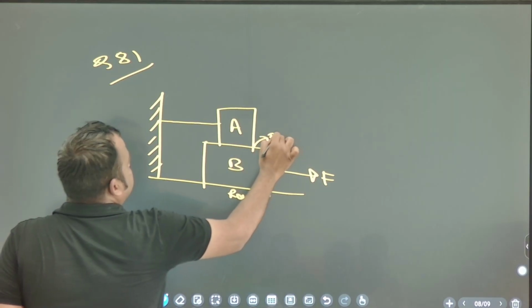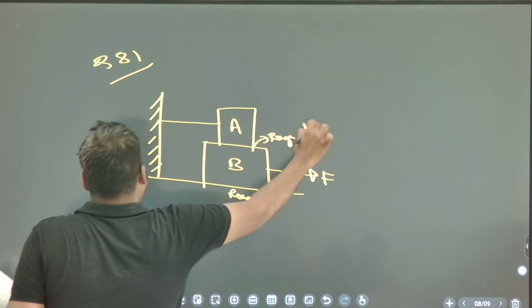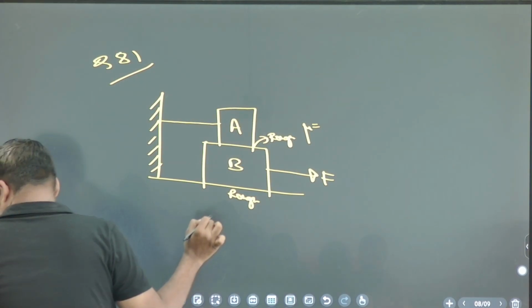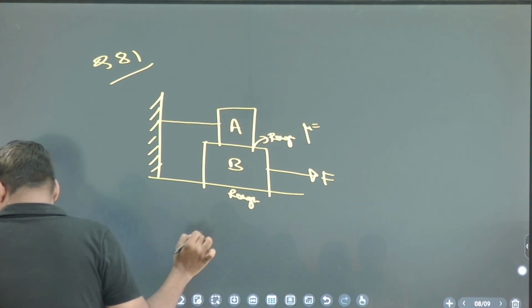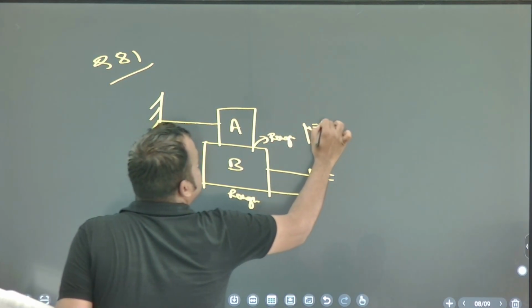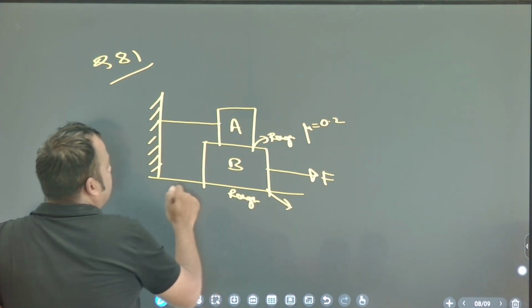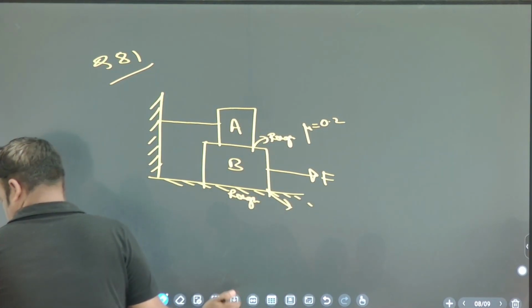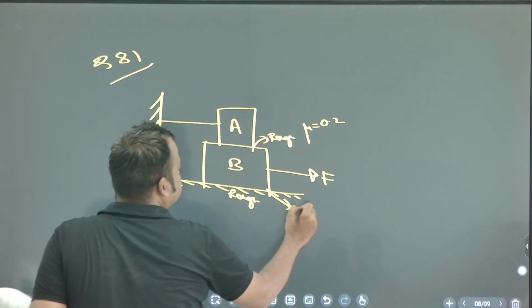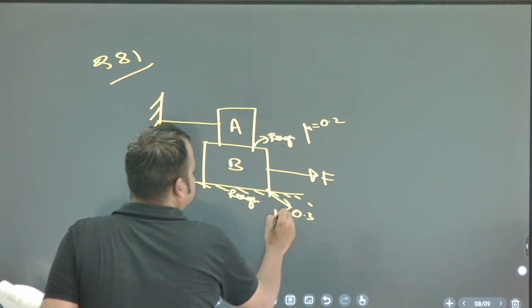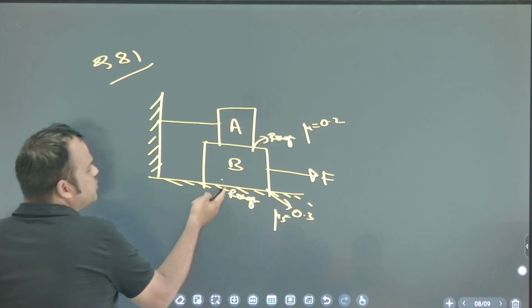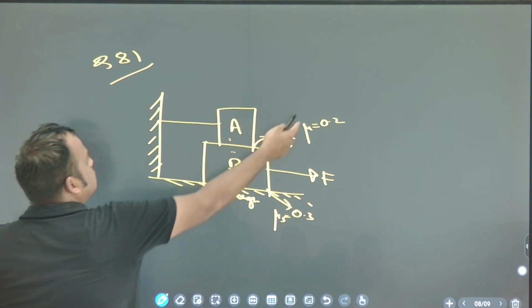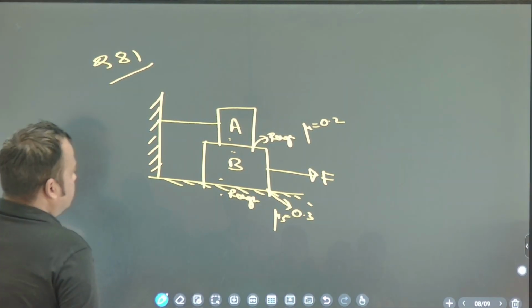This is also rough surface. Now mu value is given. What is the mu value? Between A and B it is 0.2, and between ground and B, 0.3. Between these two, 0.3. Between these two, 0.2.